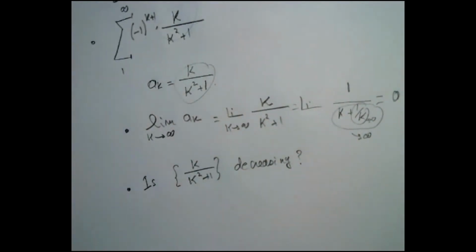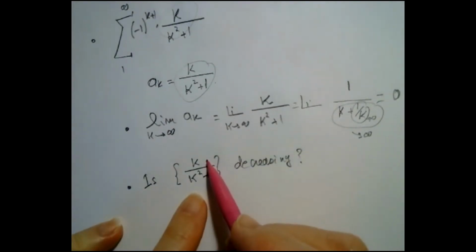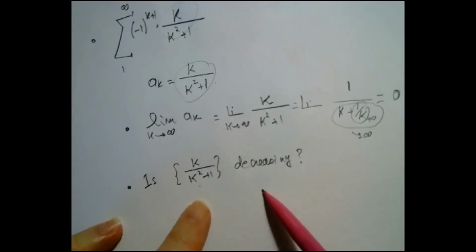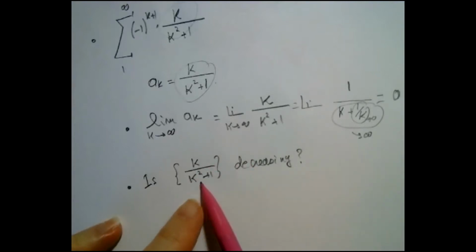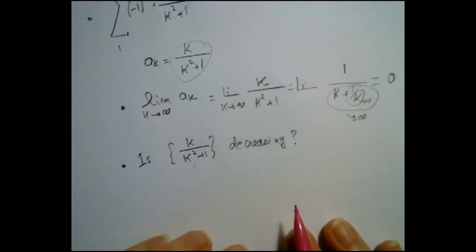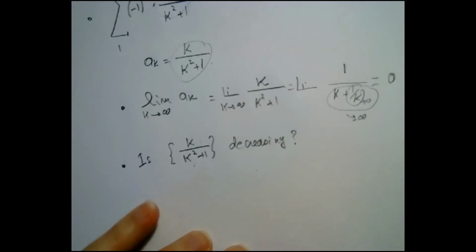This is not easy like the first example I gave you, which was 1 over k, where you just look at it and it's very clear it's decreasing. This is a little bit harder because I have k and k squared plus 1. When k increases, the numerator increases and the denominator increases. So is it decreasing? What can we do about it?